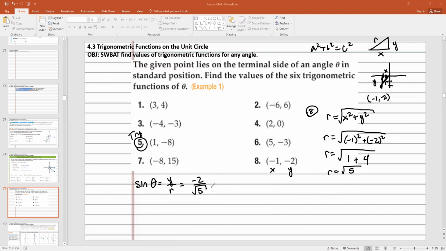We don't like to have a radical in the denominator, so multiply the top and bottom by the square root of 5, and we get -2 times the square root of 5 over 5, because a square root times the same square root cancels out. That's why we multiply it by itself. That's sine. Now cosine theta is x over r.